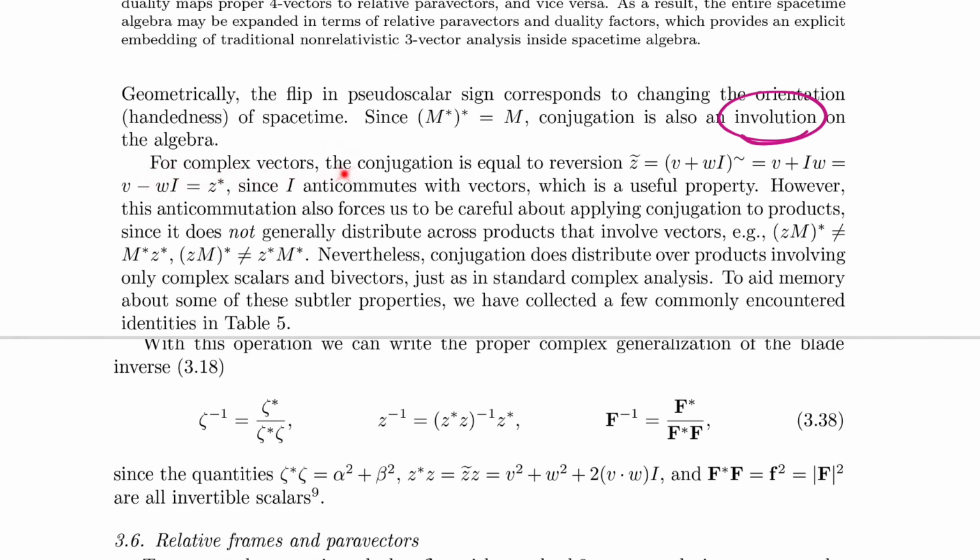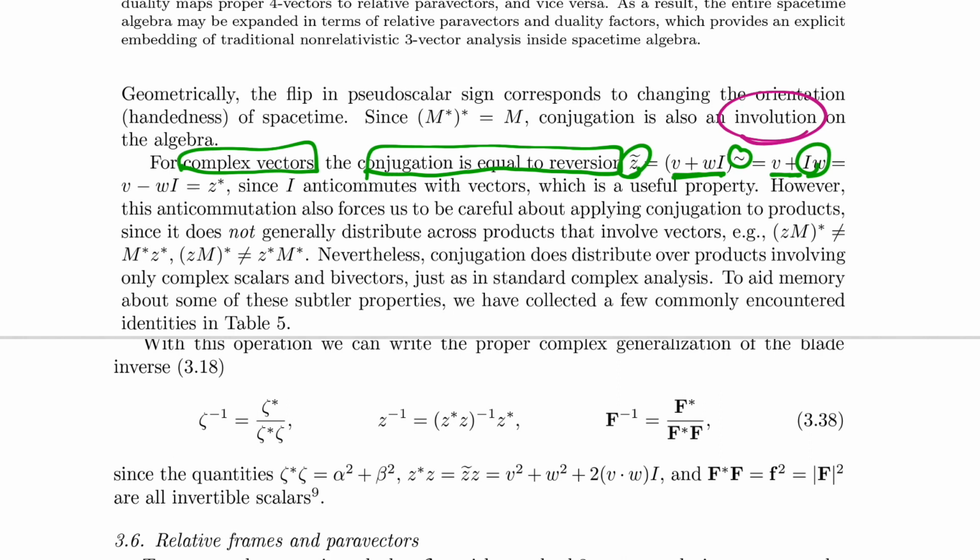All right, for complex vectors, the conjugation is equal to the reversion. Of note, conjugation is equal to reversion for complex vectors. So, given a complex vector z, we notice that the reversion of v plus wi equals v plus iw, right?